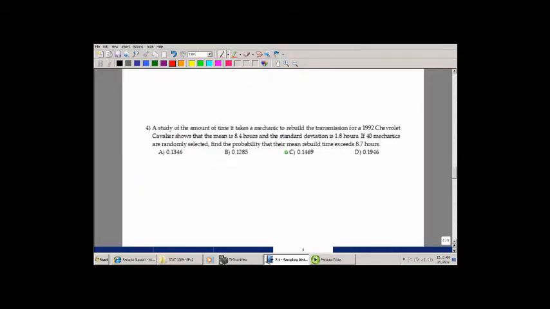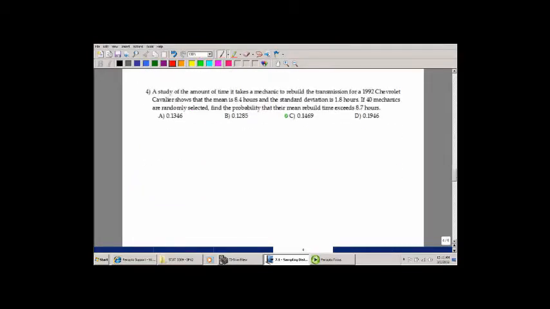So, all right, let's proceed with another problem here. A study of the amount of time it takes a mechanic to rebuild the transmission for a 92 Chevy Cavalier shows that the mean is 8.4 hours and the standard deviation is 1.8. All right, so mean of x is 8.4, standard deviation of x is 1.8.